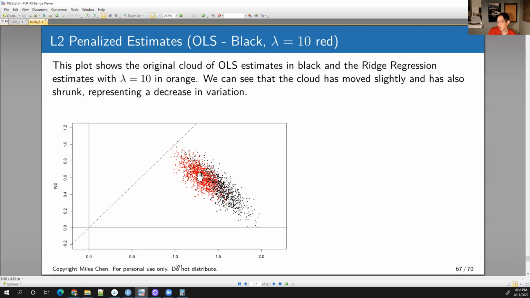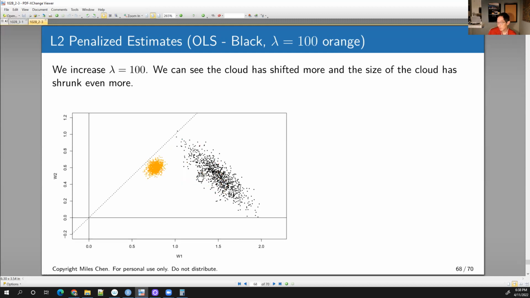The center of the cloud is over here, but we have less variation. As we increase the lambda, the center of this cloud is way different from 1.5, 0.5. It's like 0.75, 0.6 or something. It's quite different, but the amount of variation is quite a bit smaller.